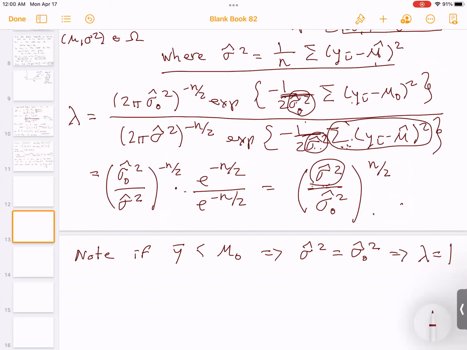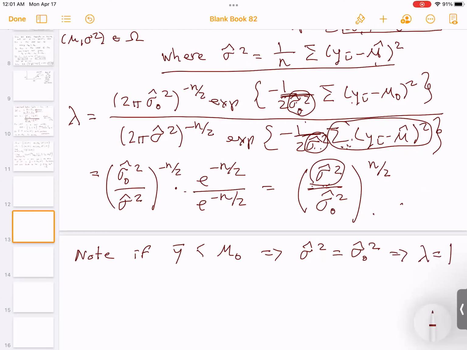Since the test is we reject only if lambda is less than k, if lambda is 1, we will never reject, unless it's a silly test where we always reject. So lambda equals 1, never reject. That makes sense, right? We don't want to claim the mean is greater than mu 0 if the sample mean is less than mu 0.